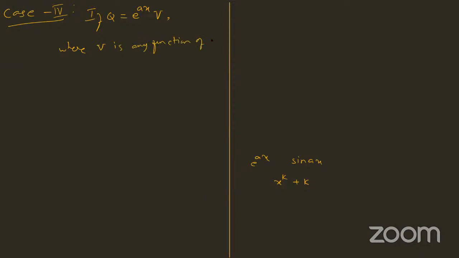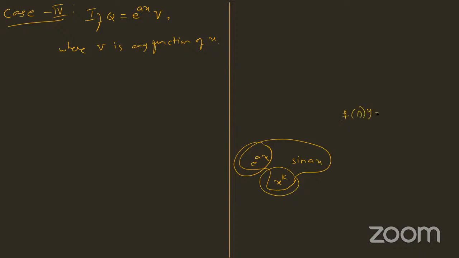As we have considered only these three functions, basically exponential function, trigonometric function, and algebraic expression, in our syllabus, the chances for v are the remaining two. As you already have the exponential function here, for v you can take either a trigonometric sine or cos or any algebraic polynomial. So you may have a problem of this kind.